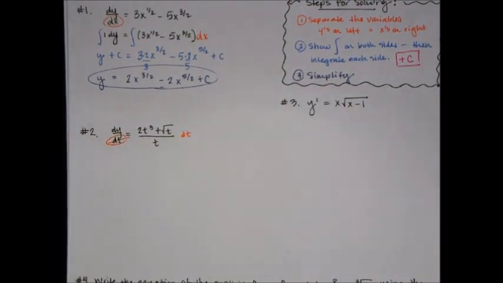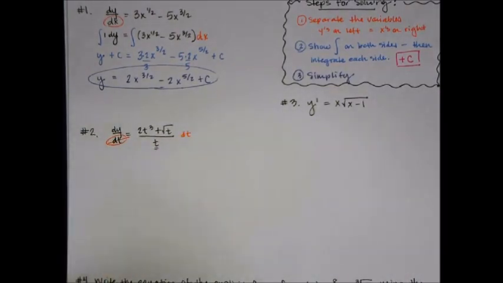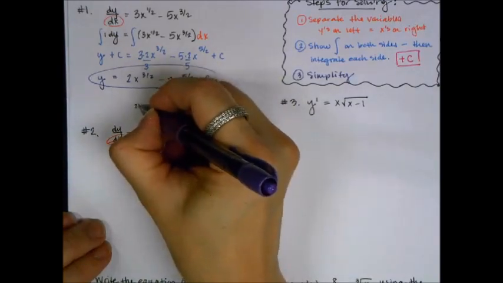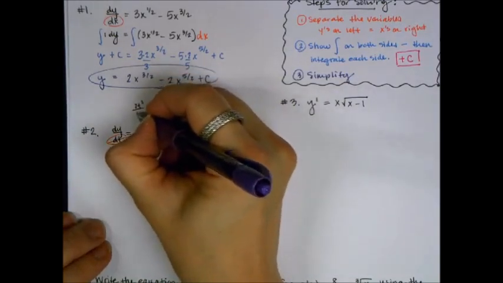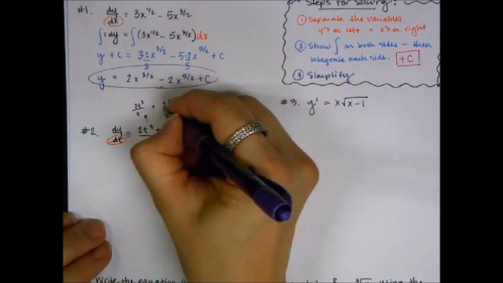So what I'd like to do here is pull apart my fraction. Remember, we're going to take this common denominator and we're going to split up the fraction. So this is 2t cubed divided by t, and over here, we're going to write this as t to the 1/2 divided by t.